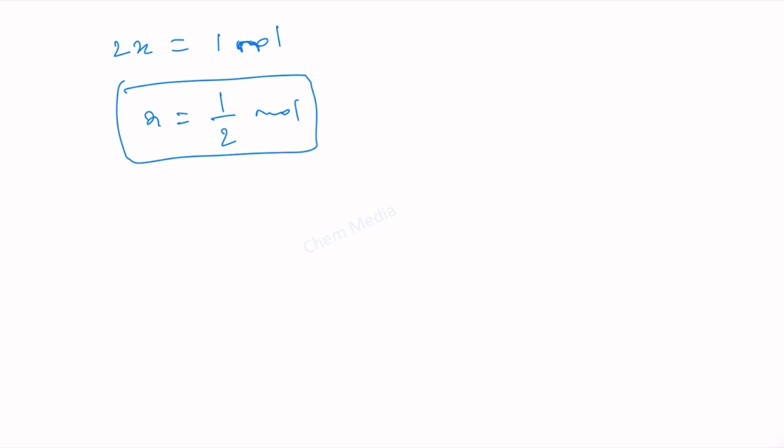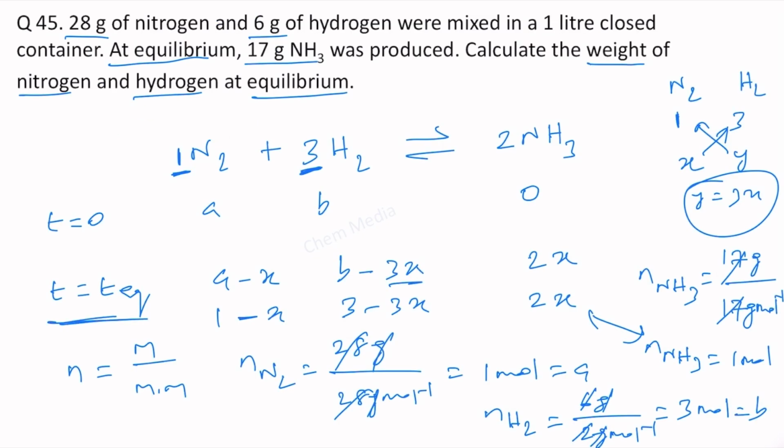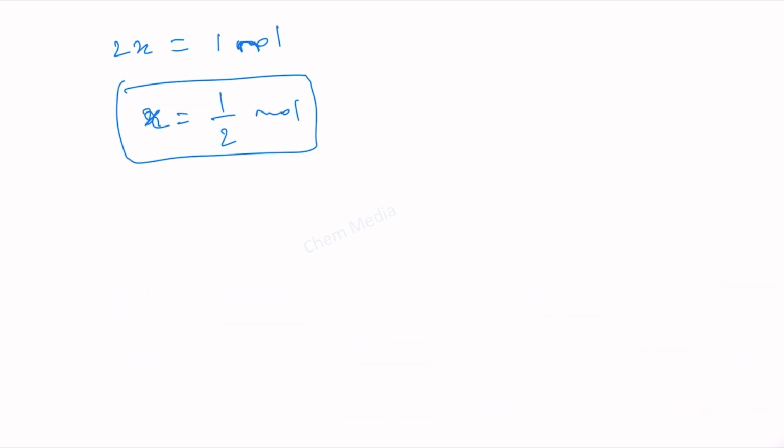Now we know the value of X and therefore we can easily solve this. At equilibrium, what we have here is 1 minus X, and we figured out the value of X. X is 1 by 2 mole, and therefore we can find out the number of moles of N2 as well as H2, through which we can find out the weight. So 1 minus 1 by 2 mole is equal to number of moles of N2. Therefore, half a mole is equal to number of moles of N2.